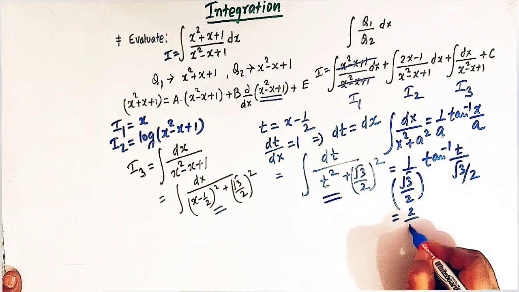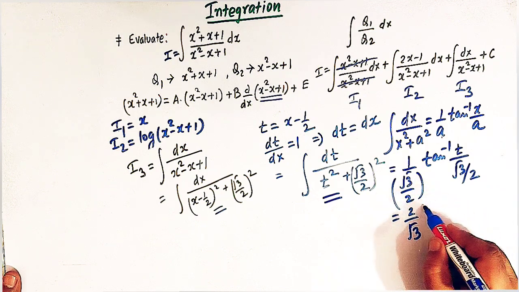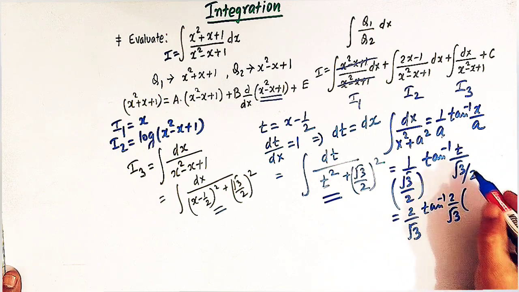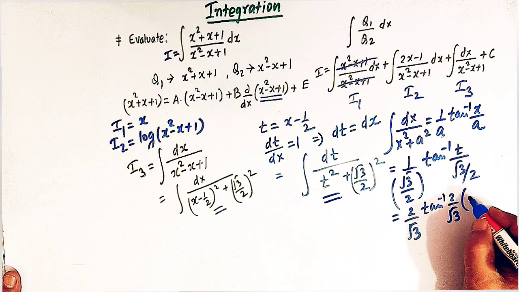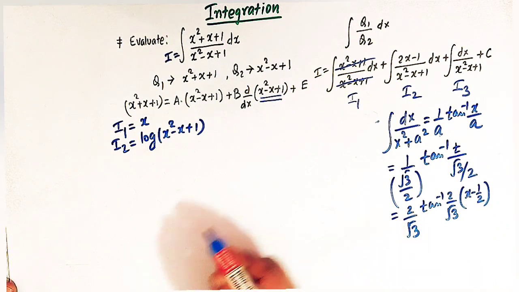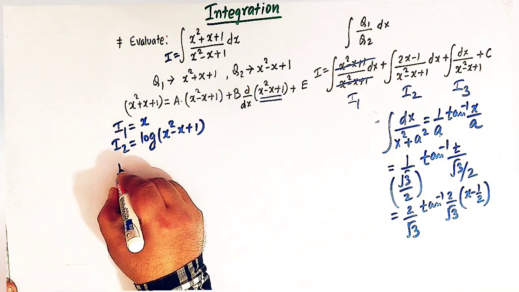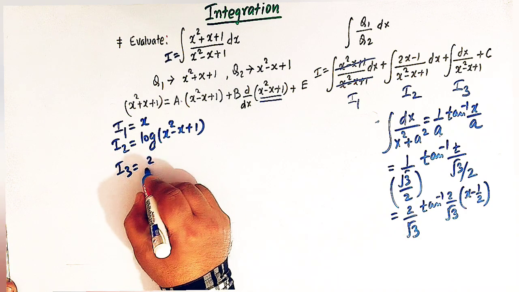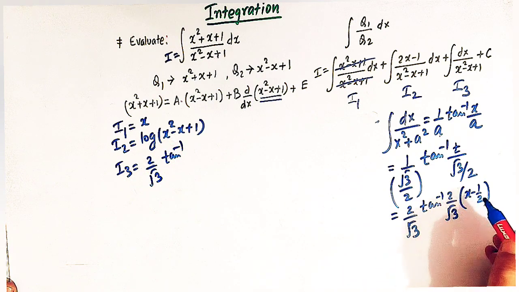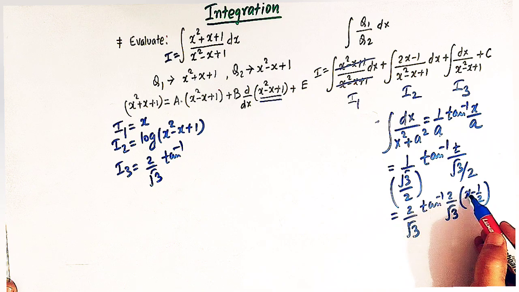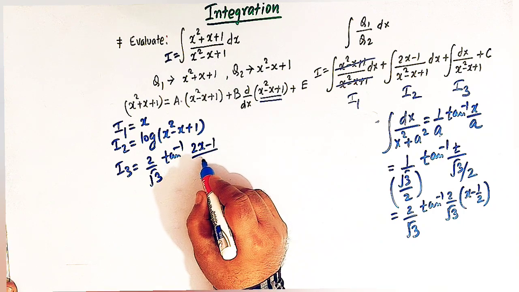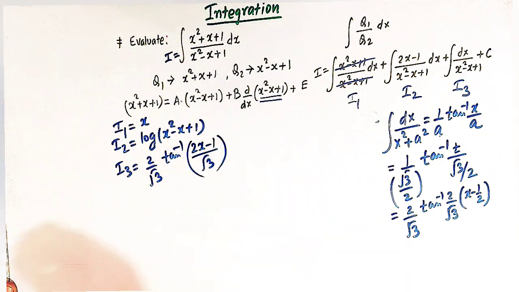So this is 2 over square root of 3 taking the reciprocal, and then we have here 2 over square root of 3, and for t we can write x minus half. So the value of this integral I3 is given by 2 over square root of 3. Then we have tan inverse, and if we multiply these two numbers by 2, so we have 2x, and then here we have simply 1, and in the denominator we have square root of 3, right?